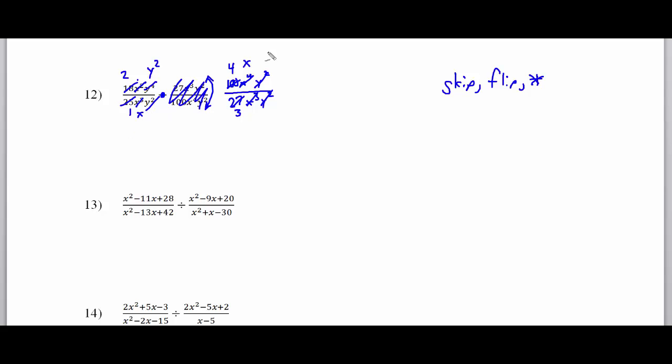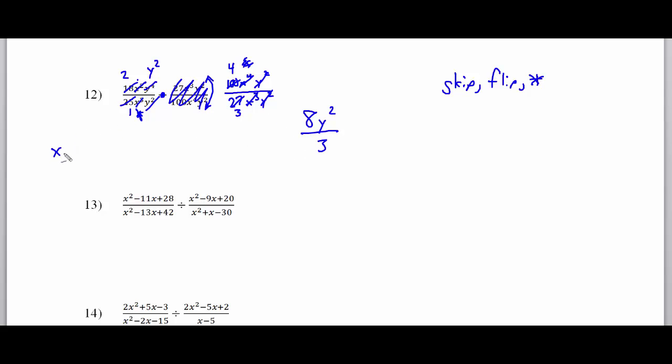And also now I look across to see if there's any cancellation there, and I see the 1x down below and the 1x up above. Get rid of that, get rid of that. So that leaves me with 2y squared times 4, or 8y squared, and then in the denominator 1 times 3, which makes 3.